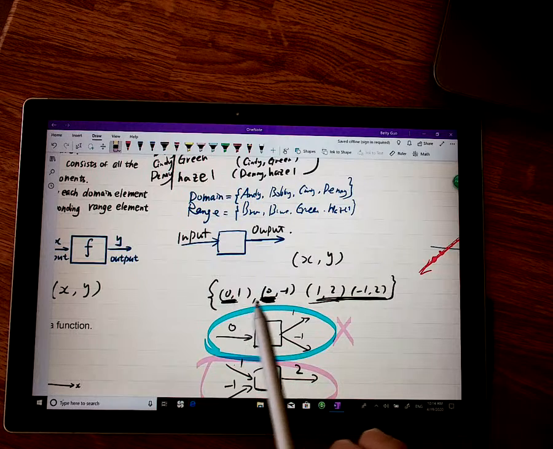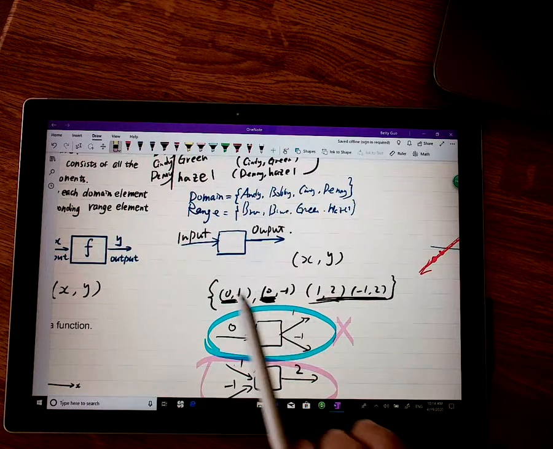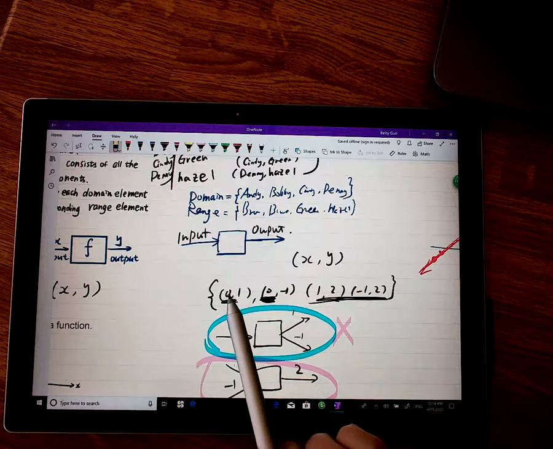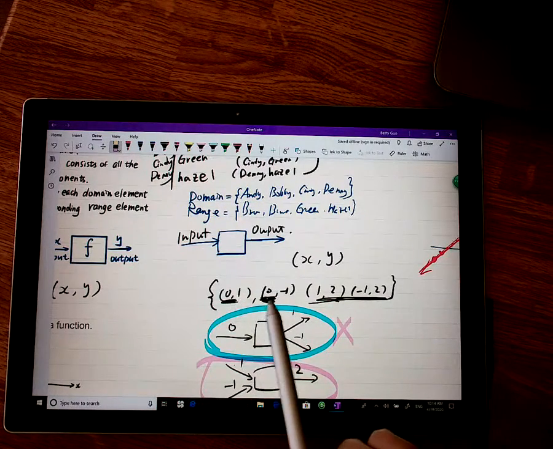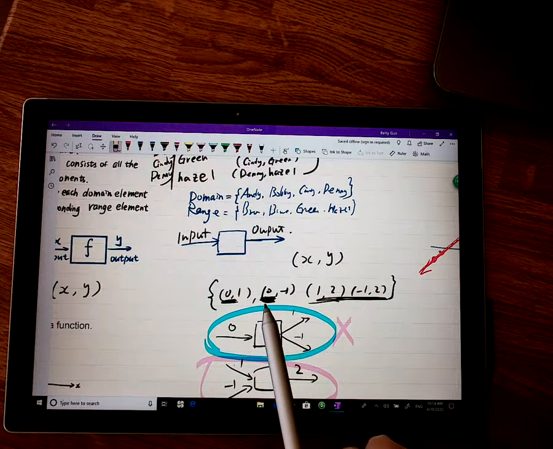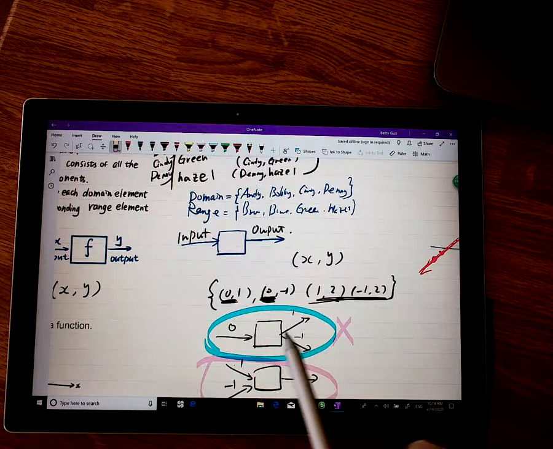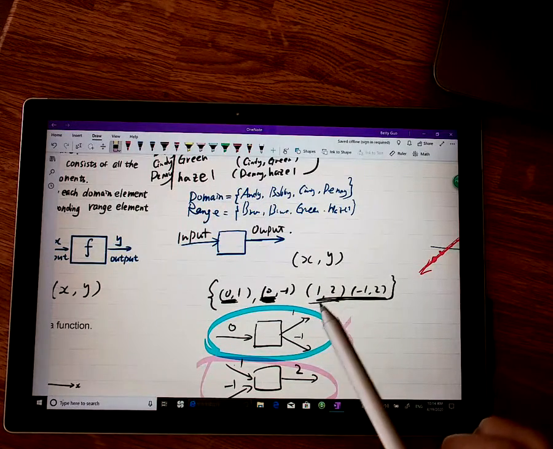But look at it here. For the same domain element 0, there are two different Y's. That means you have two ordered number pairs with the same X, different Y. That disqualifies this relation from being a function. So this relation is not a function. Remember, we could describe a relation as a machine.